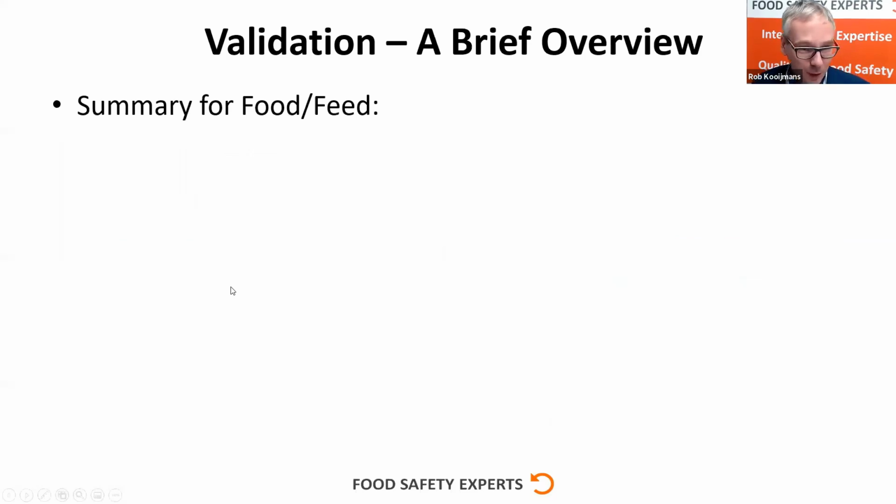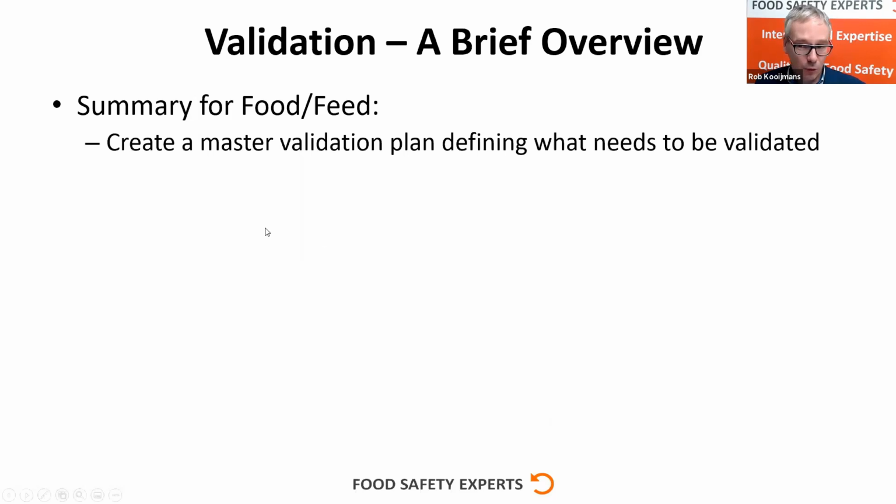Let me give you also a brief summary of validation in food. For a food company, we typically suggest that companies should create a master validation plan to define what needs to be validated, because most food companies are certified to one or more standards.